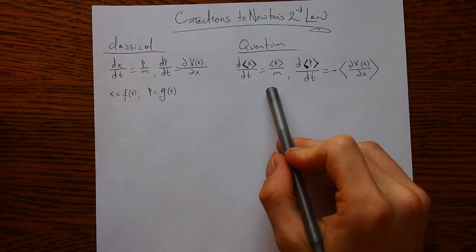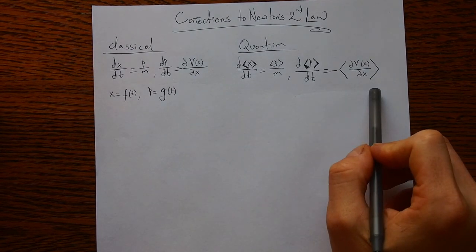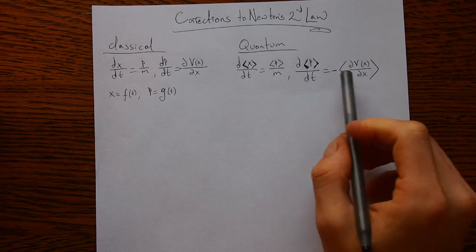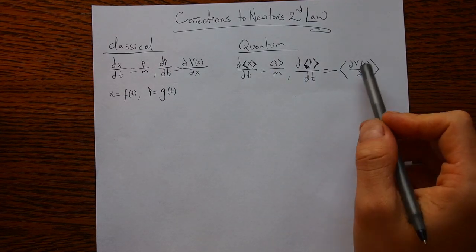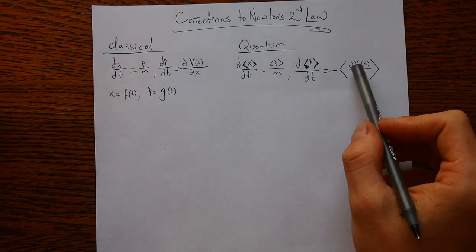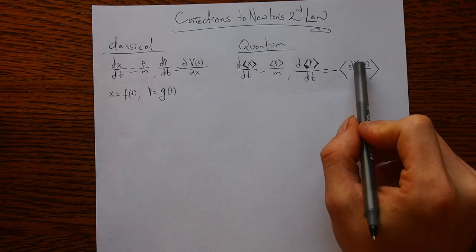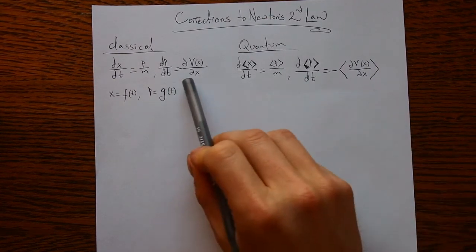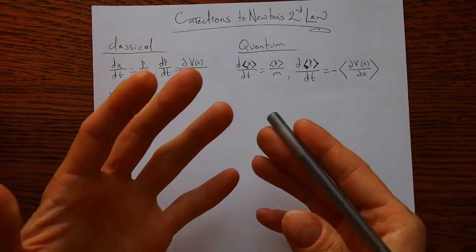This statement's kind of rigged, and I'm not going to talk about that here, but it is an interesting derivation. We find that the time derivative of the expected value of the momentum is the negative expected value of the partial with respect to x of the potential energy, which is a function of position. Look at this, that's exactly what we have here, except with expectation values, which is what we want. That makes it quantum mechanical, right?